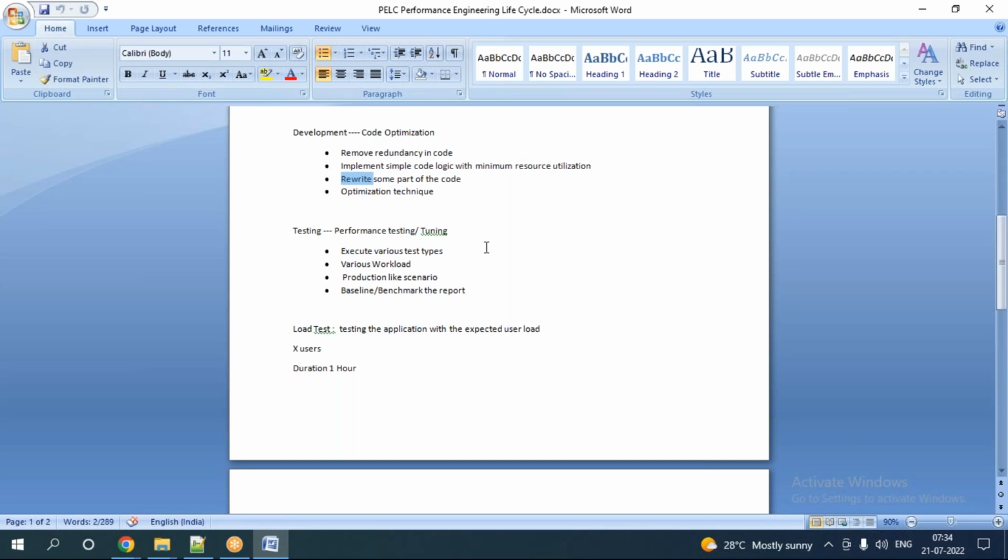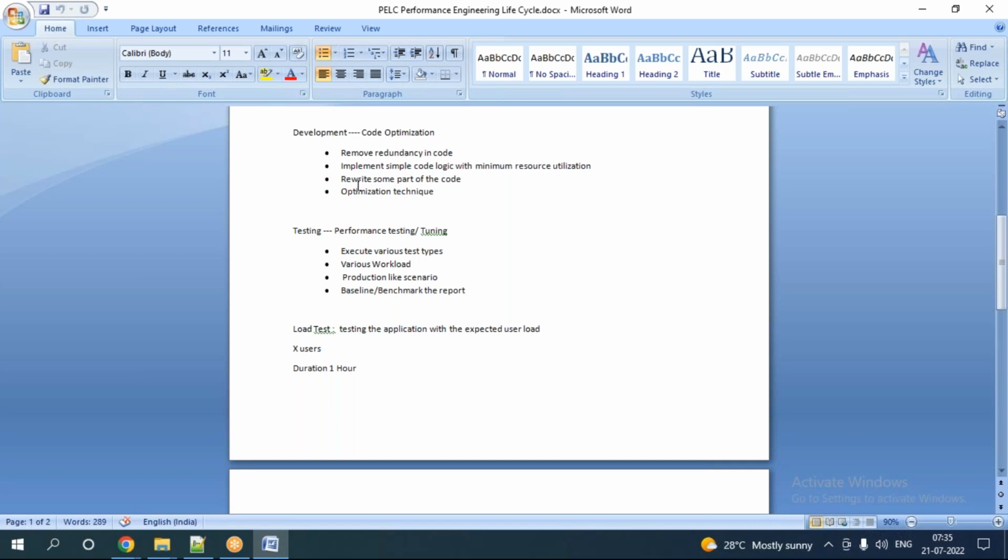If there are places where you are unnecessarily using time, you try to minimize the time by rewriting that chunk of code, and then implement any readily available optimization technique in the market. All of this has to be done by the developers, actually.